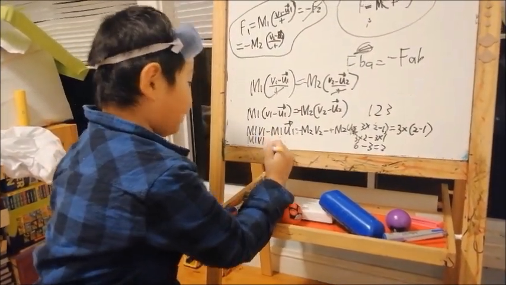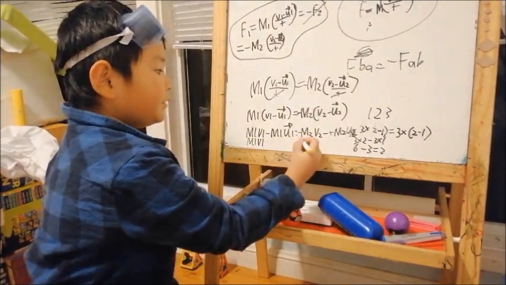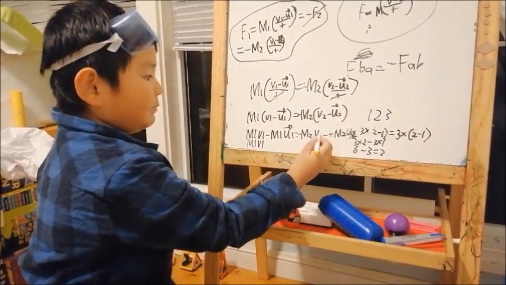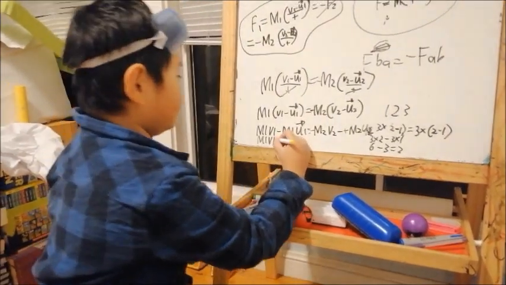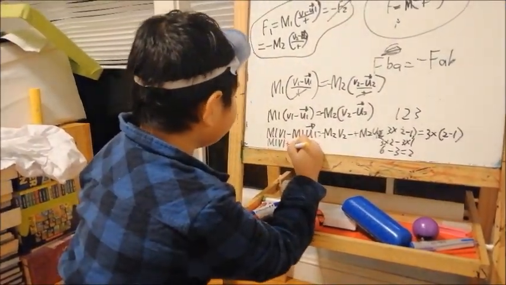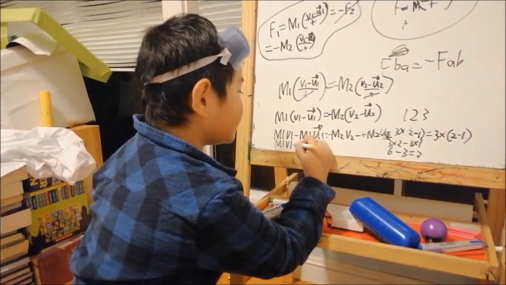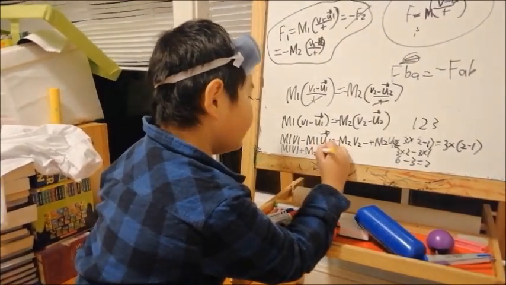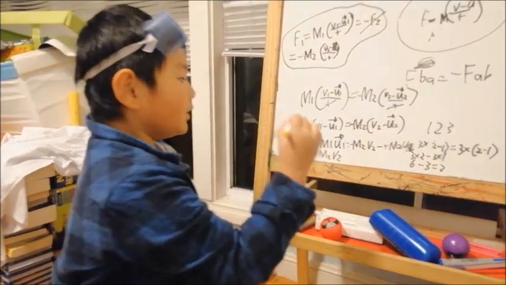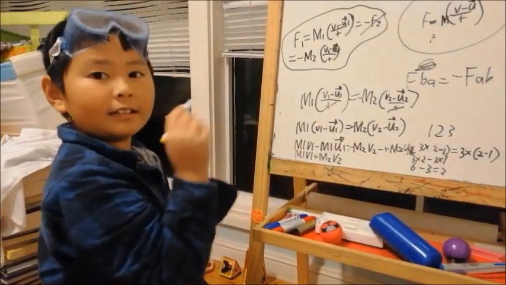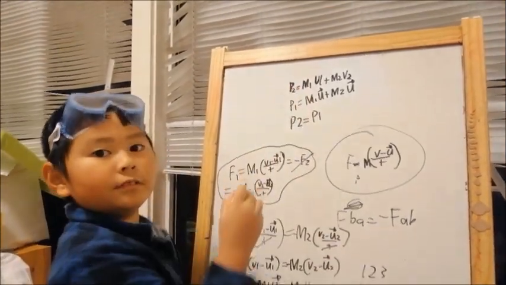M1 V1, but when you get this minus M2 V2, it becomes positive when it goes over here. So M1 V1 plus M2 V2. So once you get that, you should see that it's the P2.